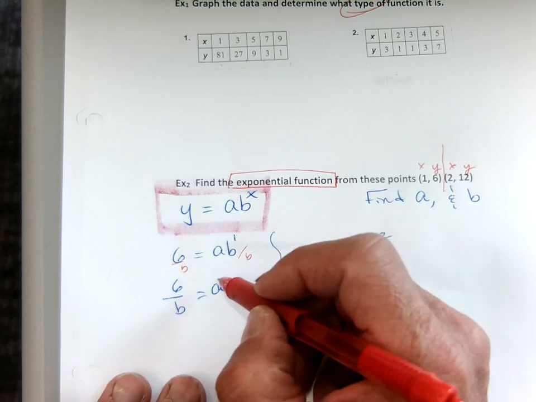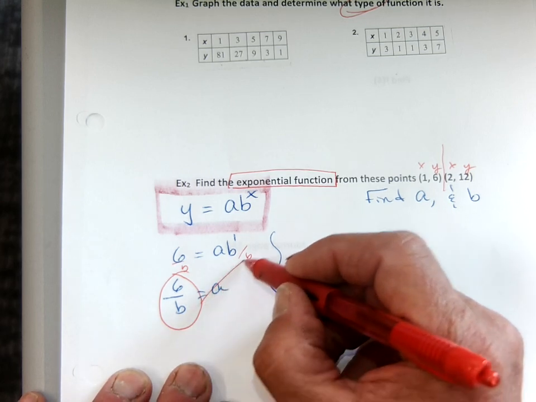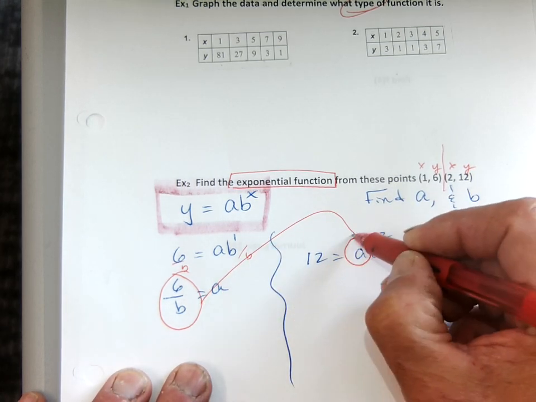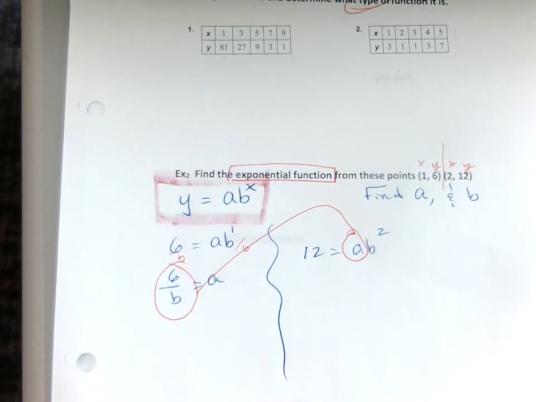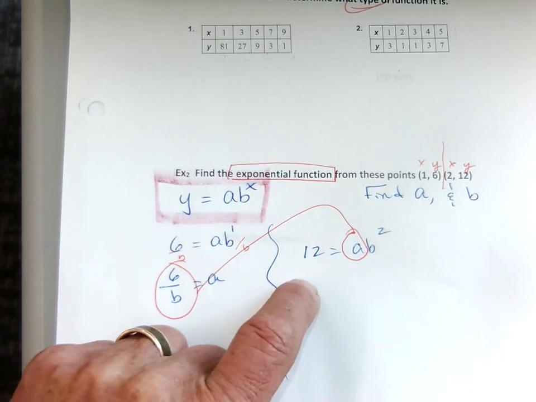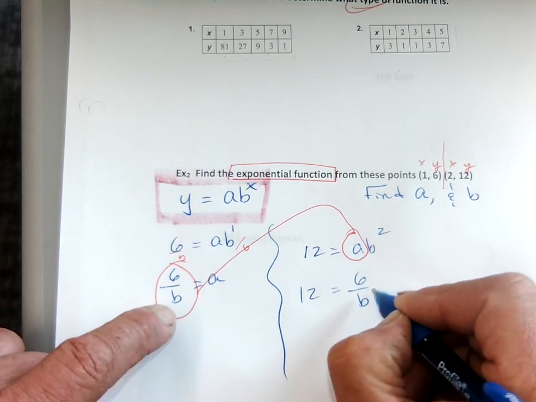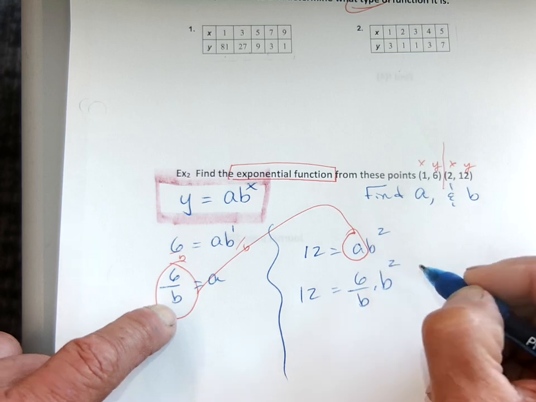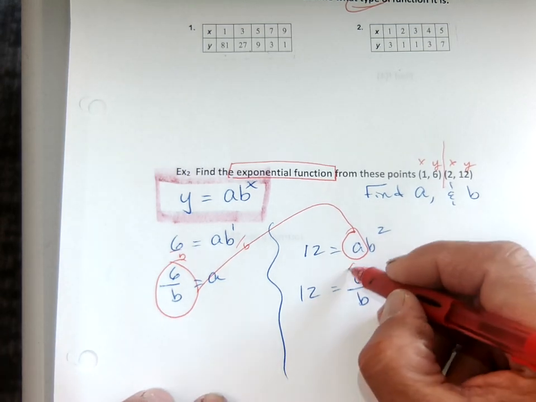Now, I know what a is. a is 6 over b. So I can put that right there. So I'm going to rewrite this. 12 equals 6 over b times b squared. Okay? I just made a substitution right there.